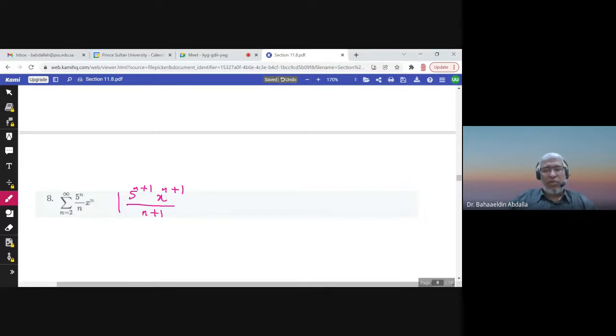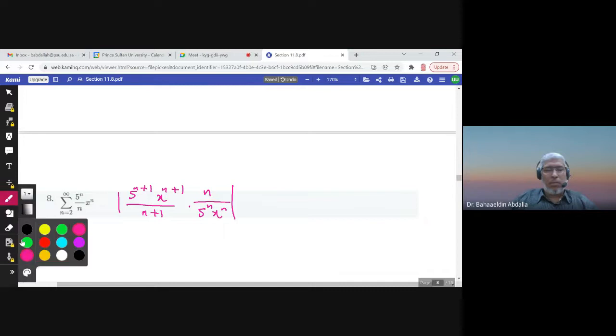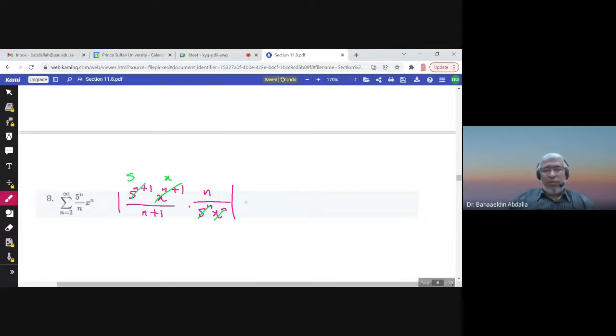Notice that this is x to the power n over 1, so it's multiplied by 5 to the power n, multiplied by n over n plus 1 and 5 and absolute value of x.